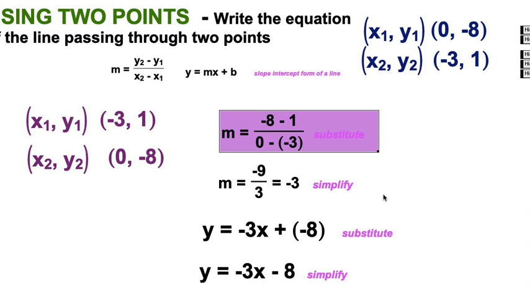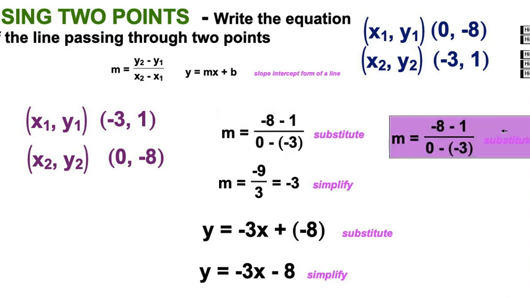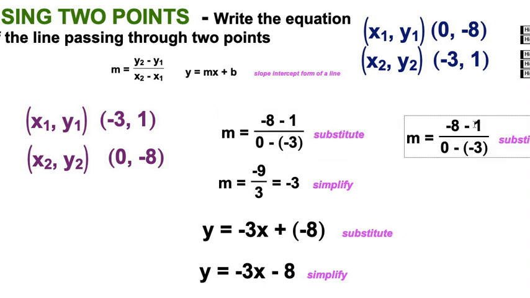When I did my substitution originally it looked like this, but now I'm going to mix it up. I'm going to say it's 1 minus -8 over -3 minus 0.